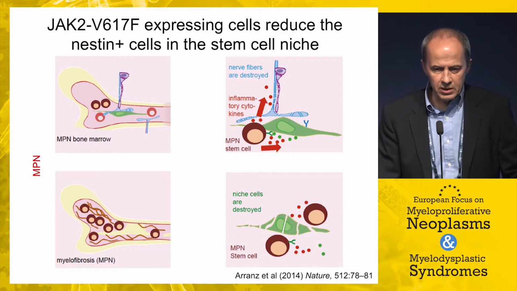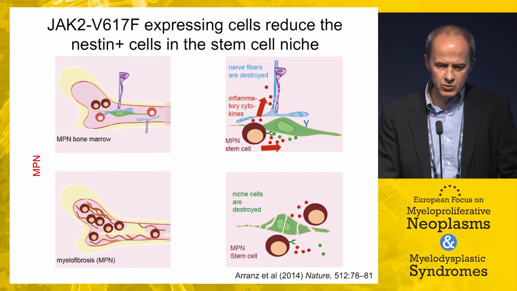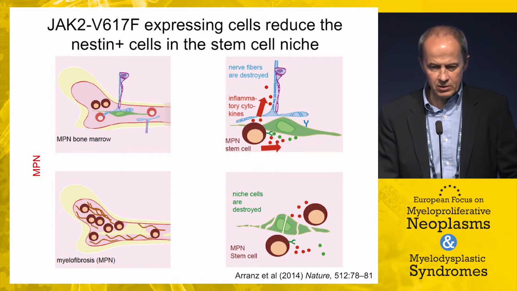So, in summary, here is an effect that the mutant JAK2 positive cells exert on the microenvironment. They destroy these afferent sympathetic nerves. This then leads to degeneration of these nestin positive green cells here, and that seems to promote the expansion of the clone.